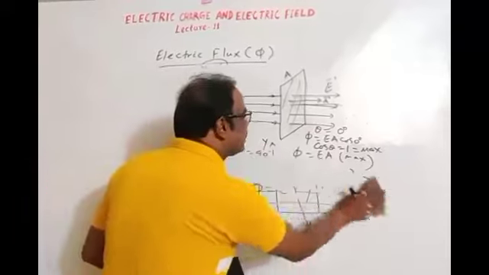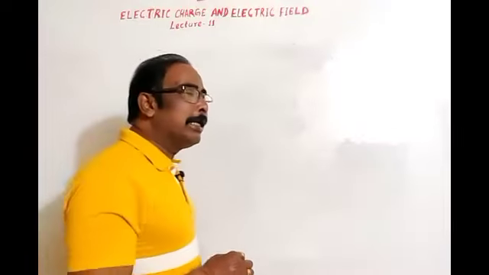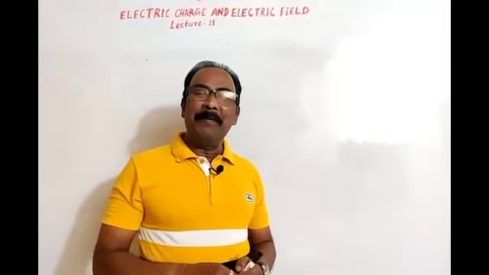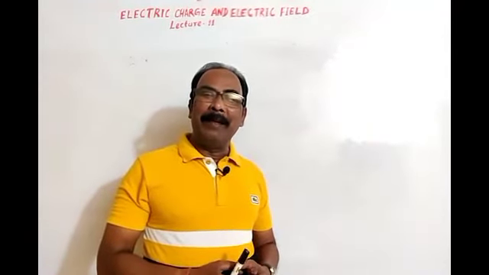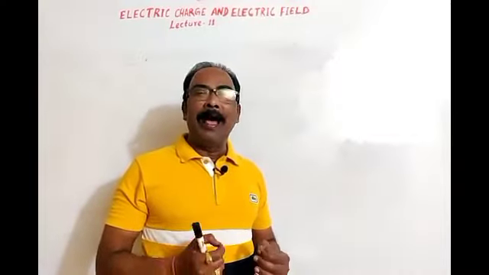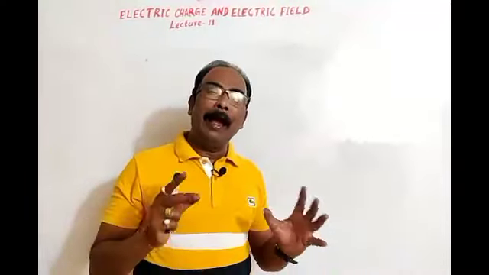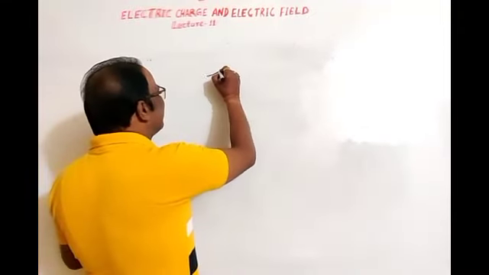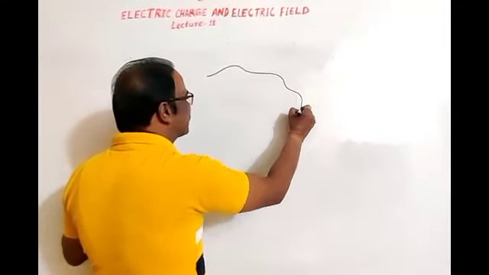Again another concept. Now let's consider a closed surface. We have to decide the angle between electric field vector and elemental area vector. Okay, let's consider an irregular surface.